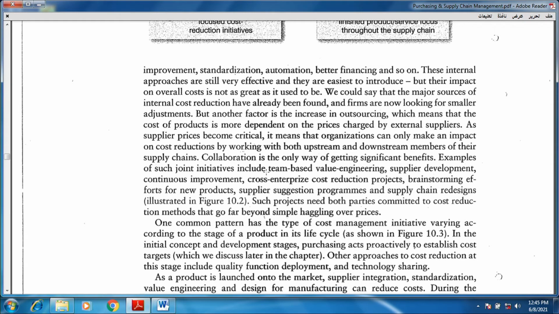It's value engineering, it's supply development, it's continuous improvement, it's cross-enterprise cost reduction projects, it's value created, it's brainstorming, it's focus groups, it's meetings, it is new products, new designs, new suggestions, new programs, new ideas, new technology, a tremendous new look for the future.